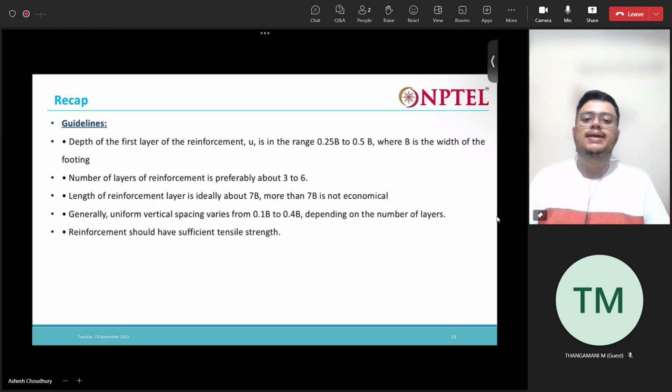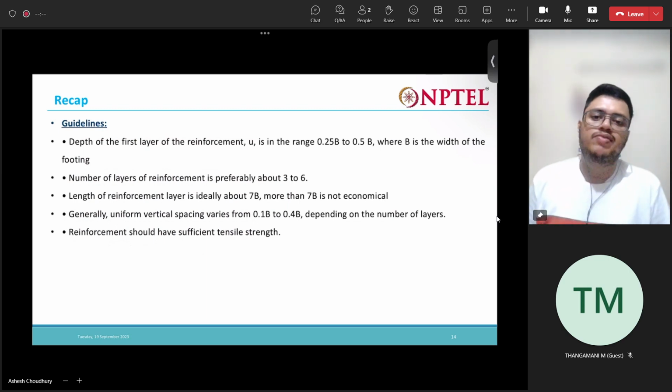So some general guidelines are given to consider the number of layers, the depth, the width, and the depth of the first layer of reinforcement.